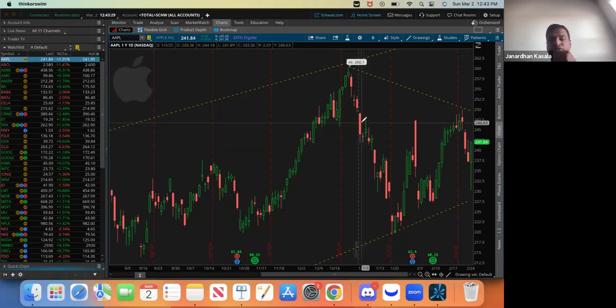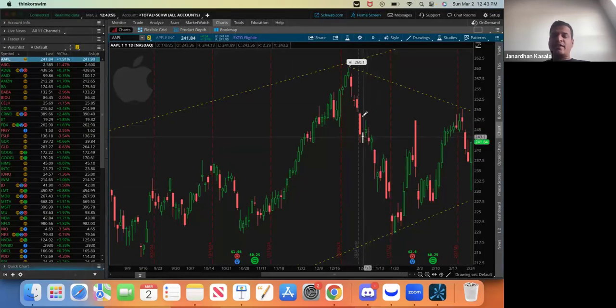This is where traders get confused. If you think this is actually bullish, because by the end of the day they tried to push hard, you think sellers got exhausted and buyers came in. But this is actually a false candle. Immediately sellers came in again and pushed it down.